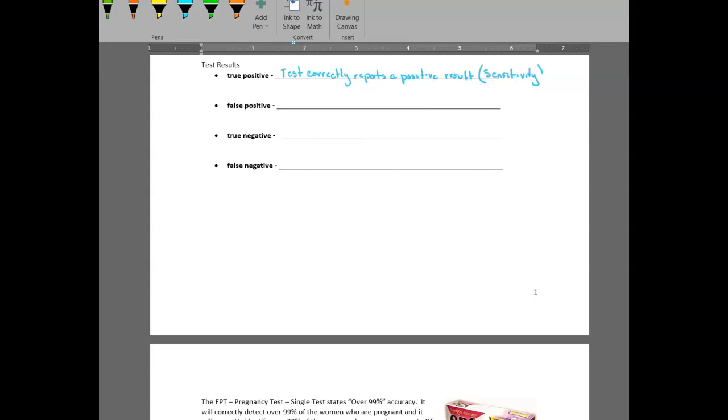A false positive is when the test incorrectly reports a positive result.